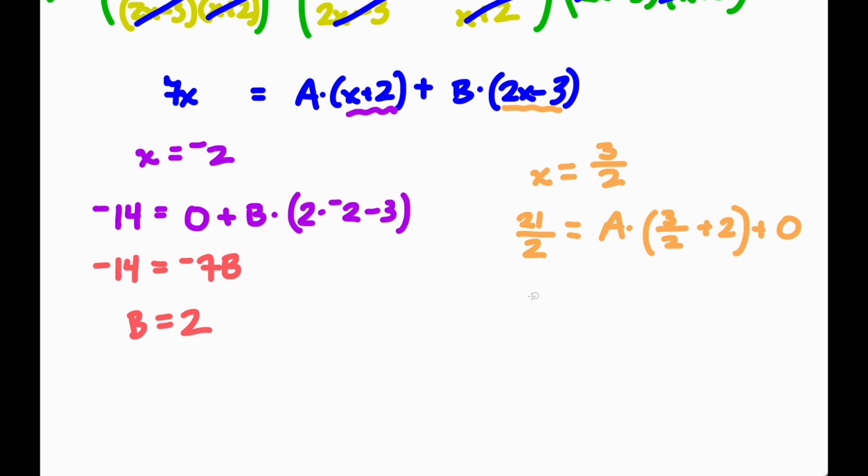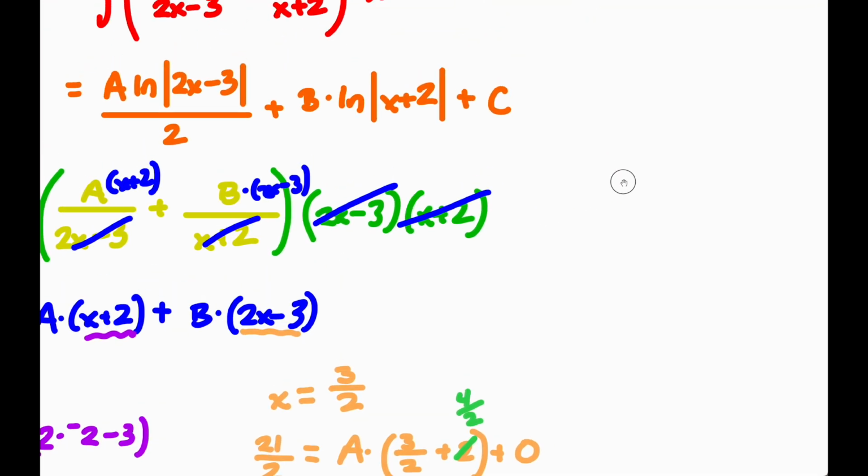Okay, from here I'm going to simplify everything. So this is going to be 21 over 2 is equal to a times, okay, this is going to be 4 over 2 here because 2 is equal to 4 over 2. I just need common denominators. So it's going to be 7 over 2 here. I'm going to multiply both sides by 2, divide both sides by 7, and your a should be equal to 3. Okay, so b is 2, a is 3.